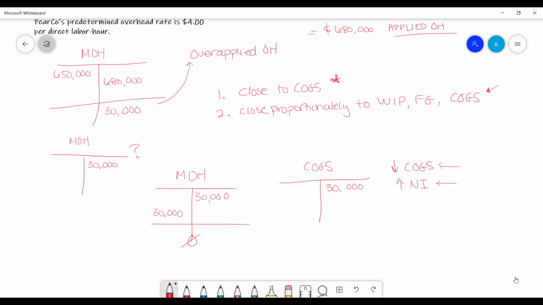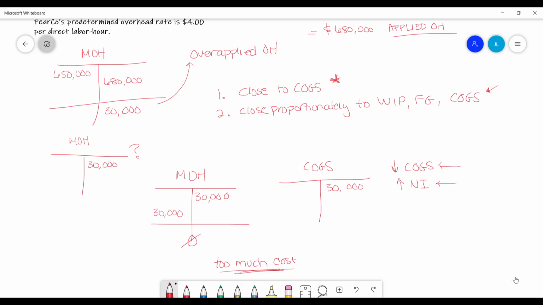And remember here, the overhead was over-applied. That means I put too much cost under manufacturing overhead when I applied it, right?